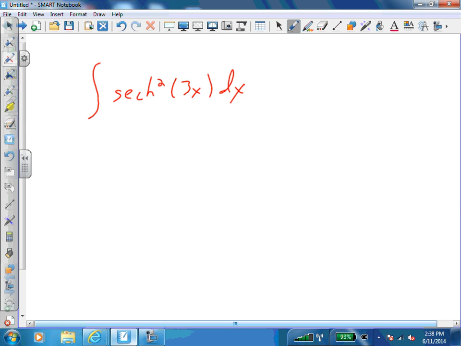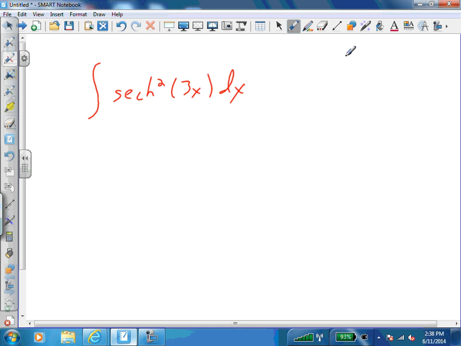So the integral of hyperbolic secant squared, well, that's weird. That one's not on that front tear out. It is. I was just making sure the sign is correct. Sometimes I have to flip back just to make sure about the signs, because the signs aren't always the same between the regular trig and the hyperbolics.